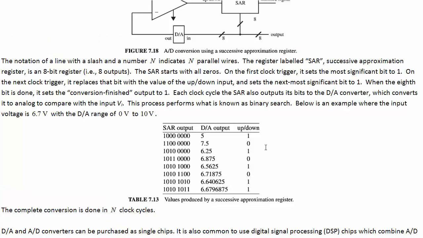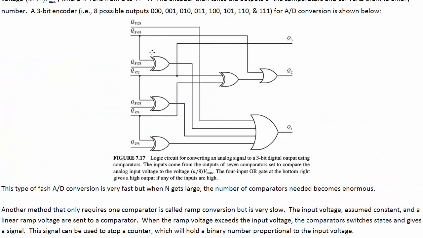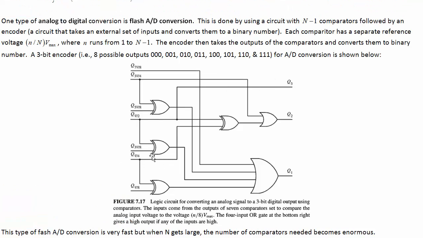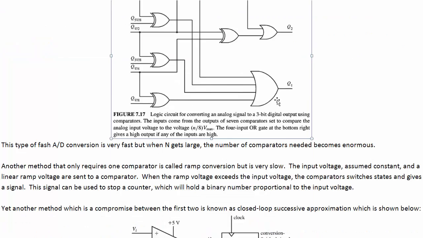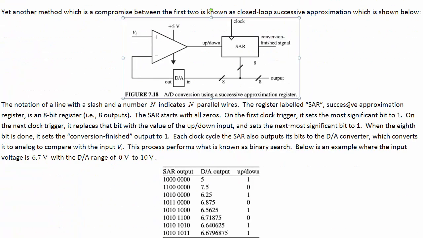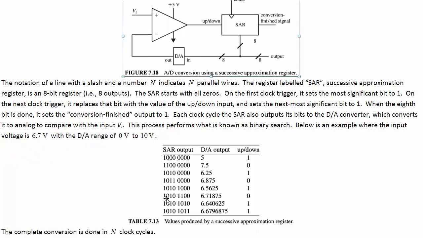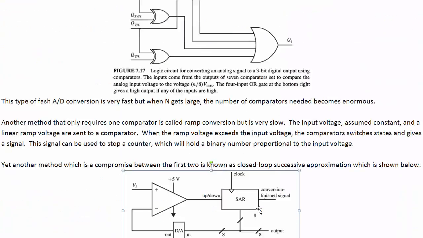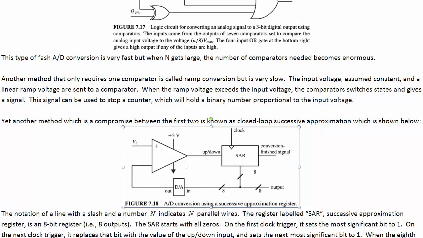So pros and cons. The flash-based method is faster but requires n op-amps. So if we want 8 possible outputs, it requires 8 op-amps to do it this way. The successive approximation register for an 8-bit number requires only 1 op-amp, but takes 8 clock cycles to do it. So it's a trade-off of speed versus space.